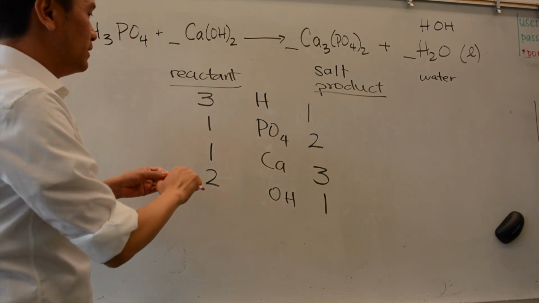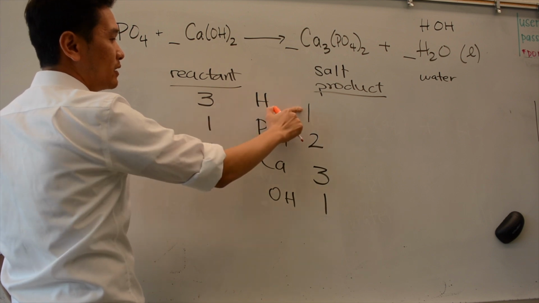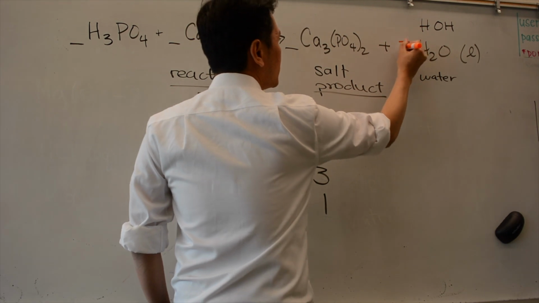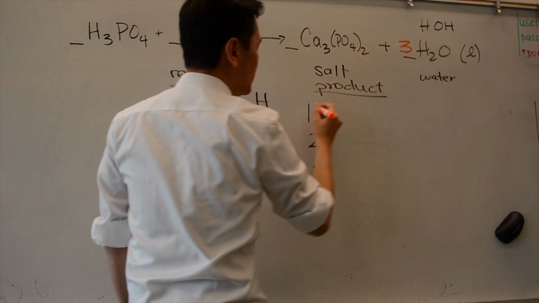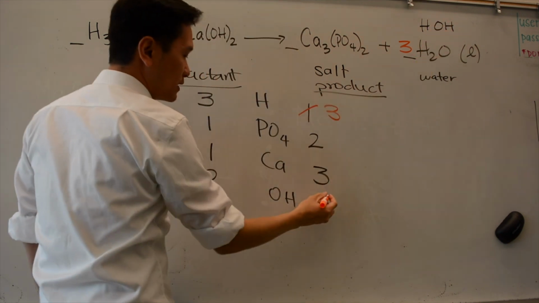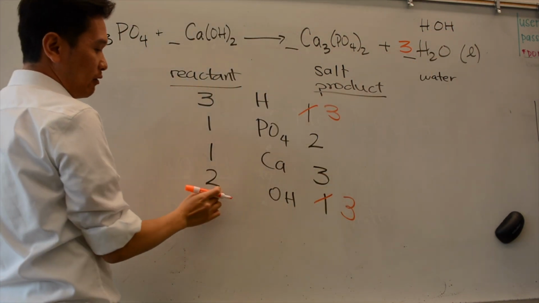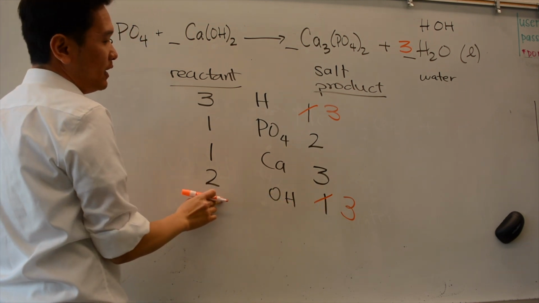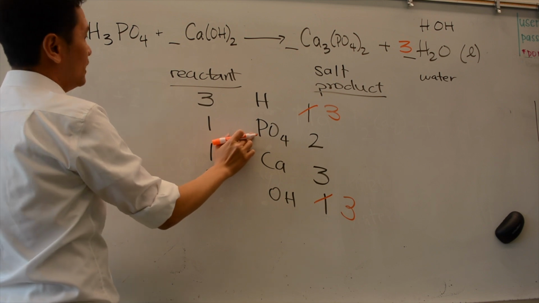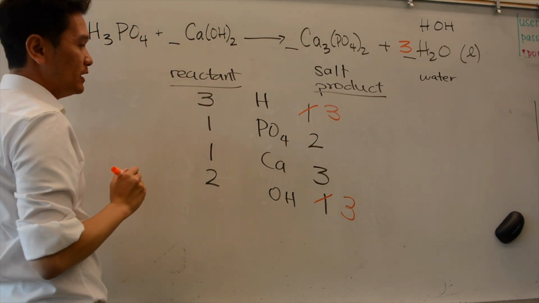Let's just go randomly with the first one. To get this to be equal, this must be increased. So let's increase this to 3, because 3 times 1 is now 3, and 3 times 1 hydroxide is also 3. I'm going to see that I will have a problem here already, but we'll just blindly go forward. Let's go to phosphates. I have 1 here and 2 here, so I want to put a 2 here possibly.